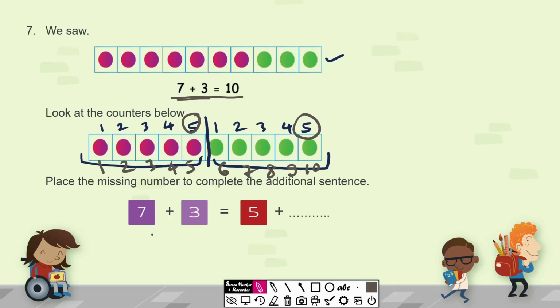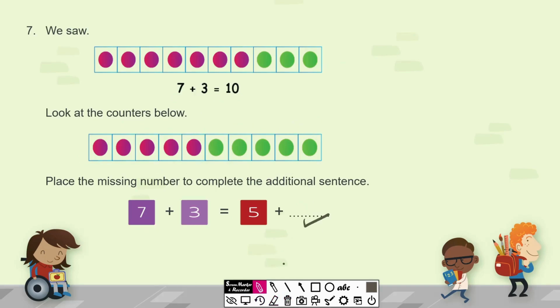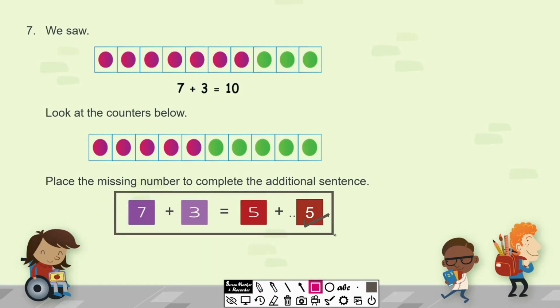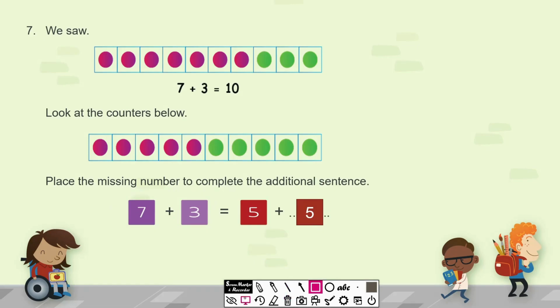Yes, because 7 plus 3 is also equal to 10 and 5 plus 5 is also equal to 10. Understanding my point? Very good. So, the correct answer here is 5. Let's check it. Yes, 5 plus 5. 7 plus 3 is equal to 5 plus 5 is the correct answer. Okay?